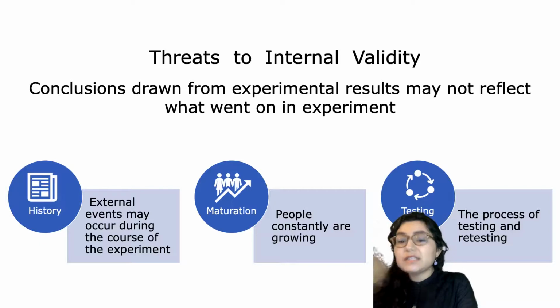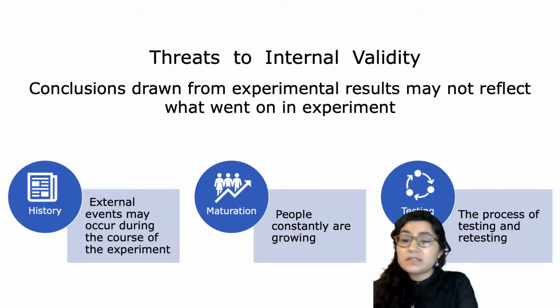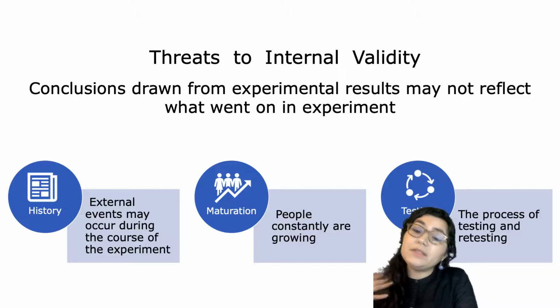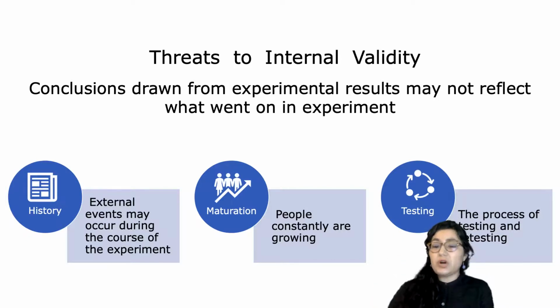So with the testing and retesting process, we should think about how we can make sure that our forms are a little bit different from pre-test to post-test, and that there's a sense of wanting and buy-in to fill out the form. If people are paid to fill it out, maybe they'll be better about responding accurately, right? So there are ways to get around these things.